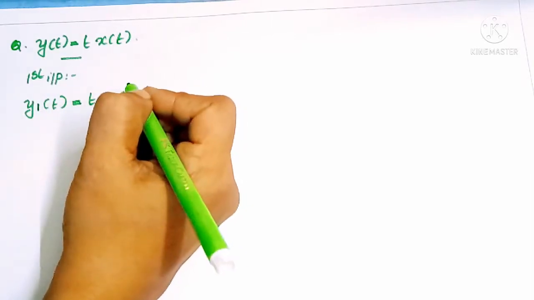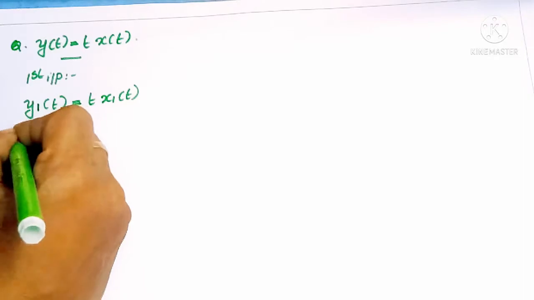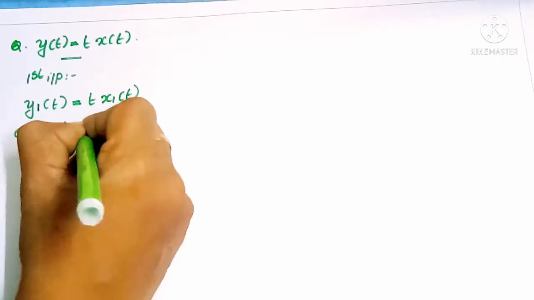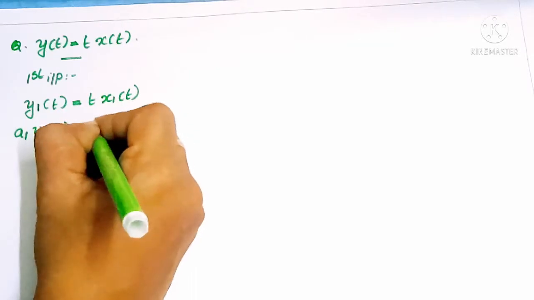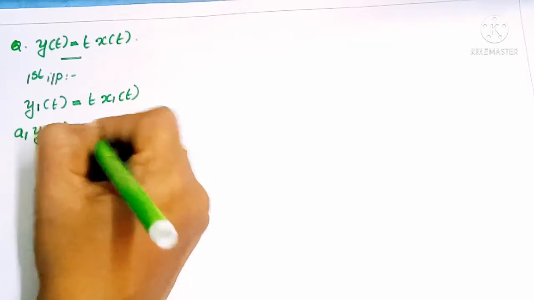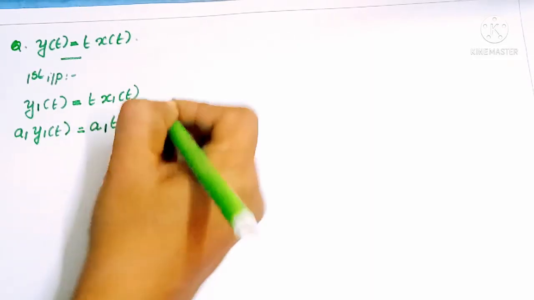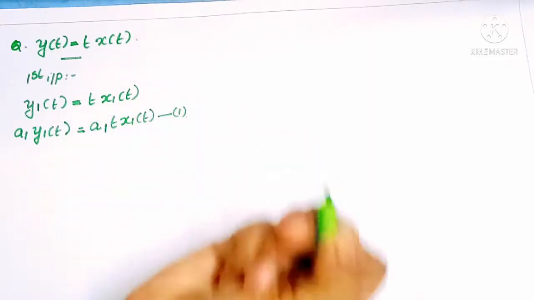Then we perform the scaling operation. So we can write a1 y1 of t is equal to, since it is also reflected in the output, a1 on both sides, a1 t x1 of t. This is equation number 1.